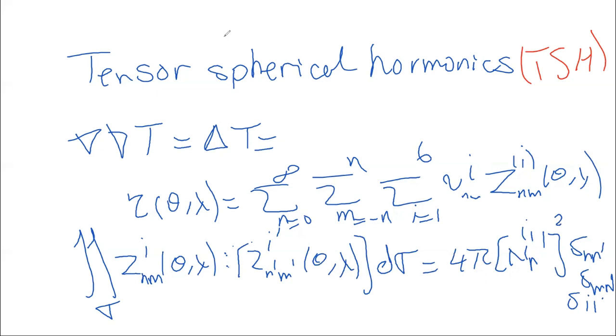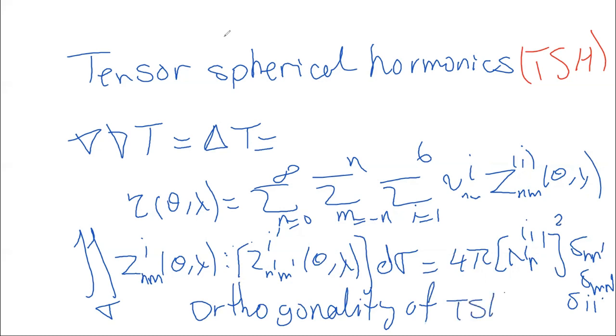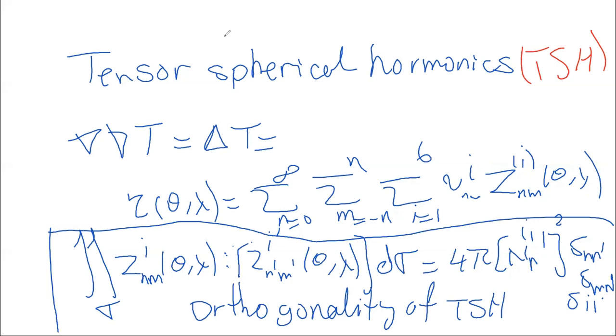That is the orthogonality of TSH. This is very important for transferring the spectral solution to a spatial solution, and also for modeling the gravity potential.